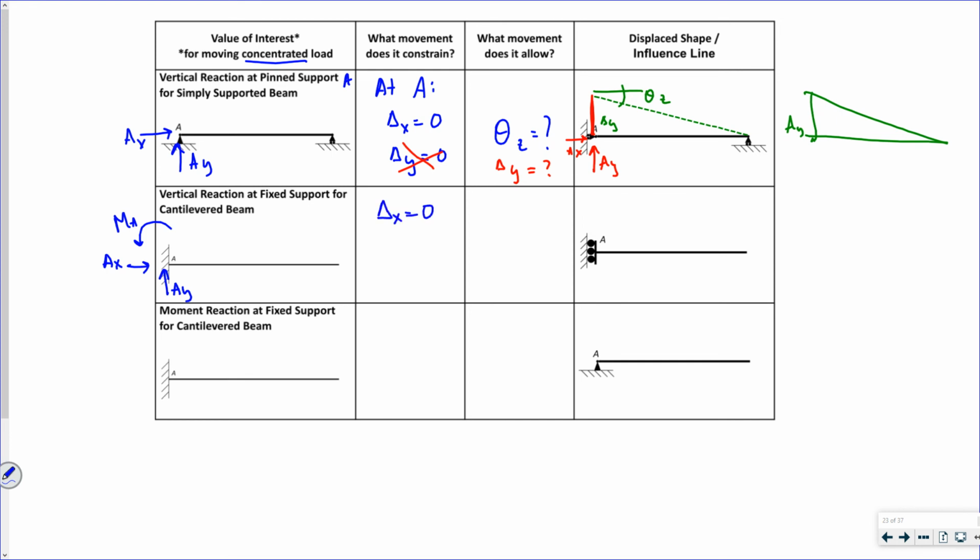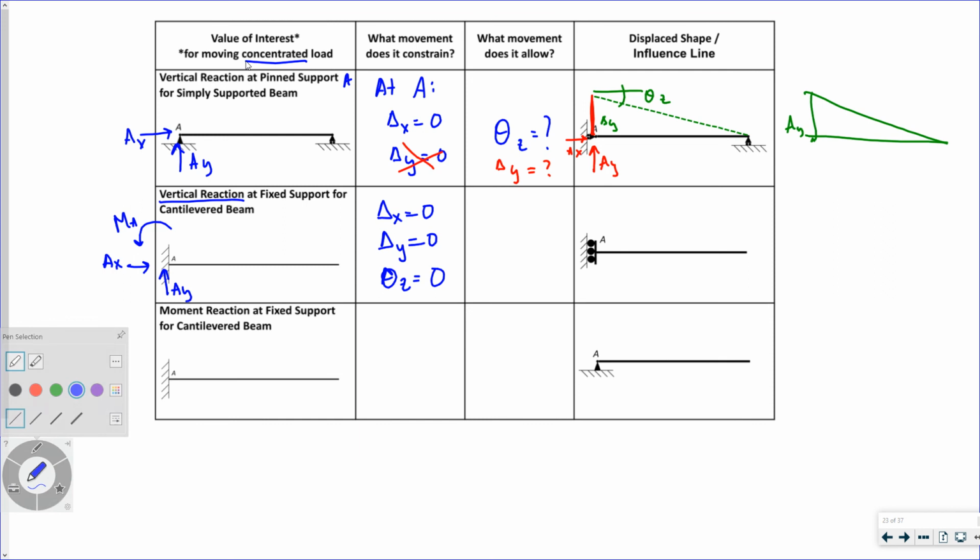Delta X is 0, delta Y is 0, and my theta at Z is 0, right? No displacements, no rotations. And I'm like, okay, how's that vertical reaction work? What is that influence line for that?